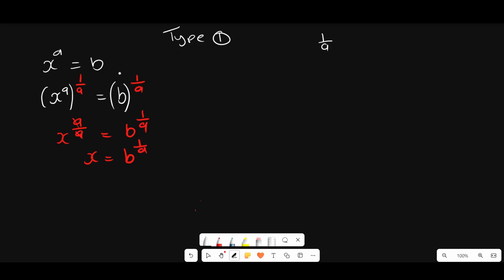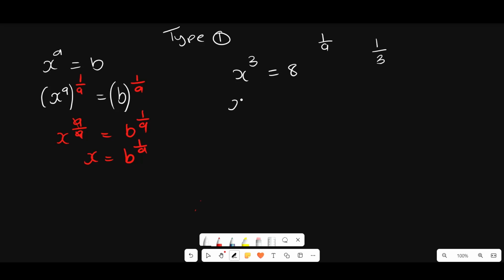Let us look at another one. Let's say we have x cubed equal to 8. Go ahead and solve this equation for x. In this case we're going to introduce 1 over 3 as a power on both sides of the equation, so that the 3 can move and we have x independently.